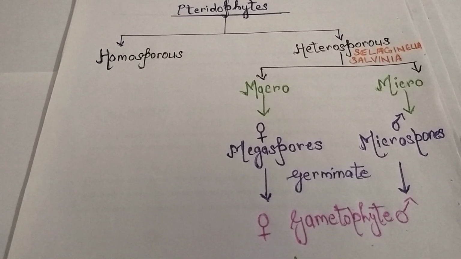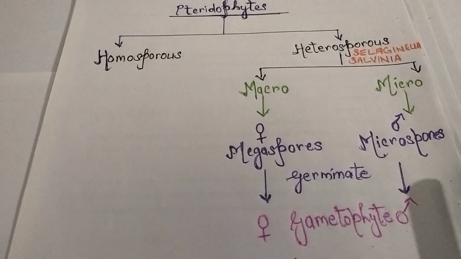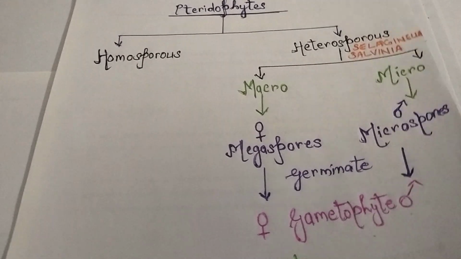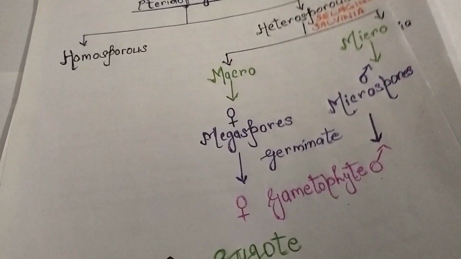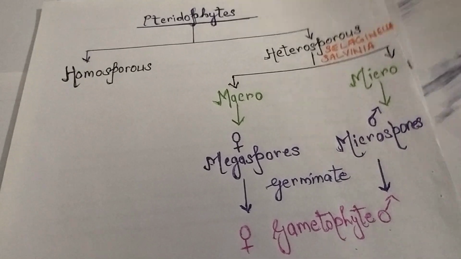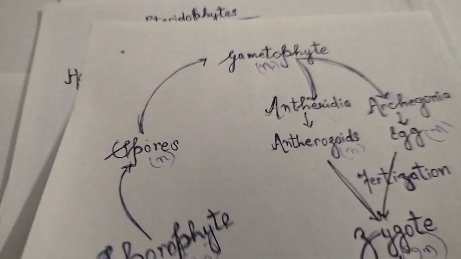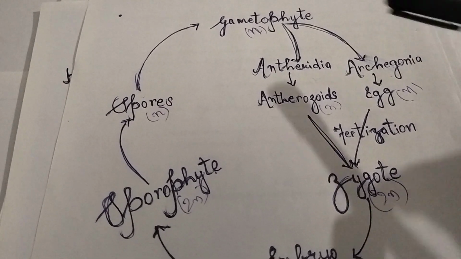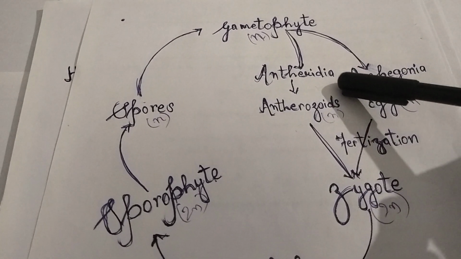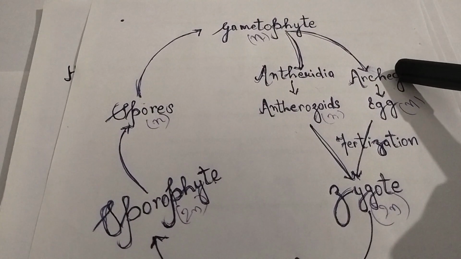If you remember, we have studied the duration of the various stages of plants, that is the gametophytic stage and the sporophytic stage, and their dependency varies. Now what happens? The gametophyte, as we have studied, produces male and female organs.